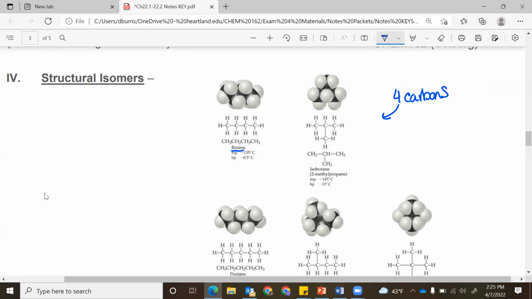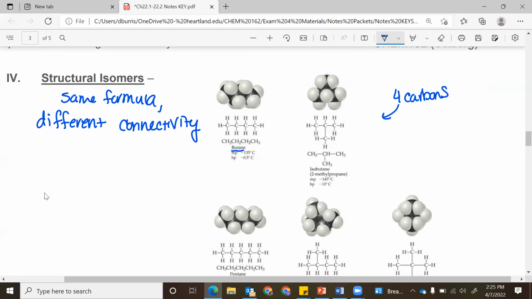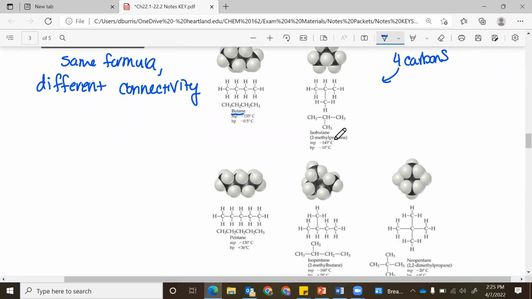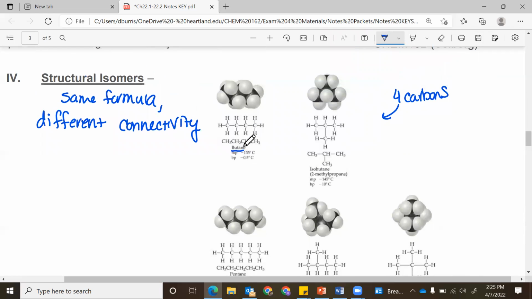Okay, so an isomer is essentially the same formula, different connectivity. All right, so you just stick them together differently. So 4 carbons actually has 2 isomers. They can look like this, or it can be 3 with 1 sticking off the middle.